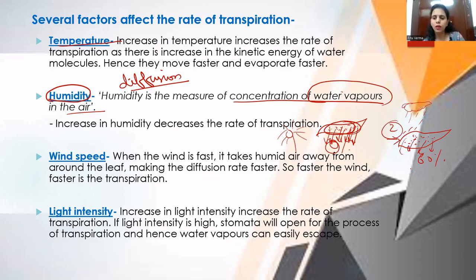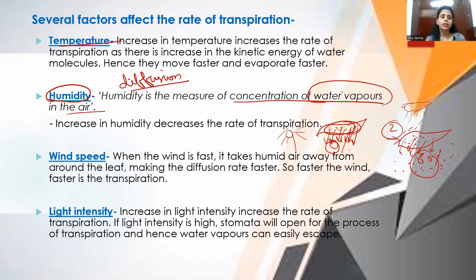Because outside also moisture is present, outside also water vapors are present. Here humidity is around 60%. So if humidity increases, the rate of transpiration decreases. And if outside the leaf the concentration of water vapor is higher than inside the leaf, then no transpiration will take place.